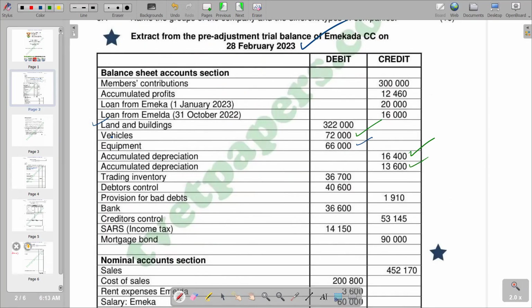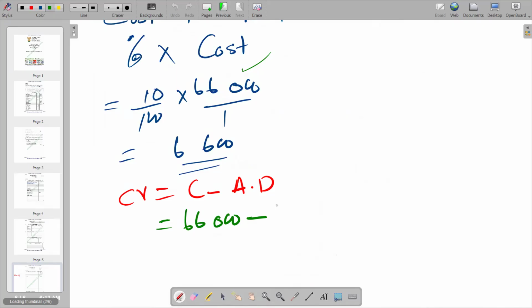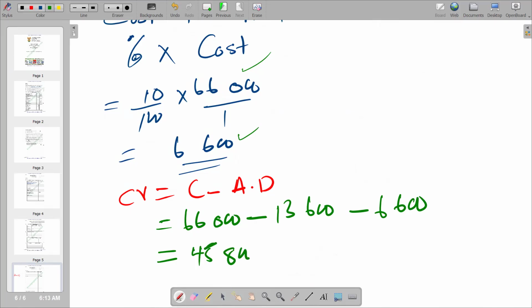So we subtract that one, 13,600. Then we also subtract the depreciation for the year, which is 6,600. And then we get 45,800. So this is what we have for that part.